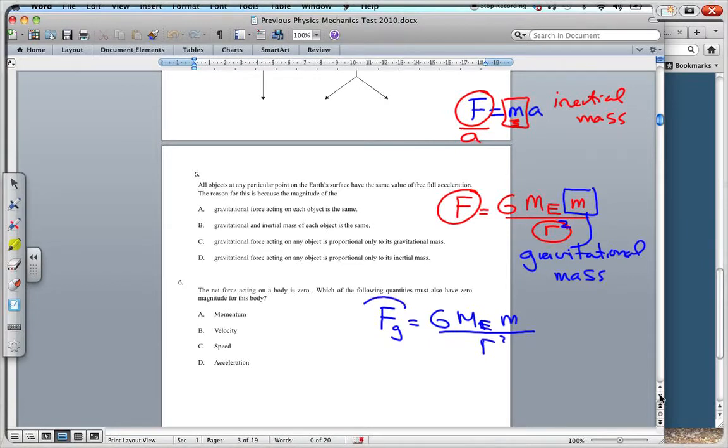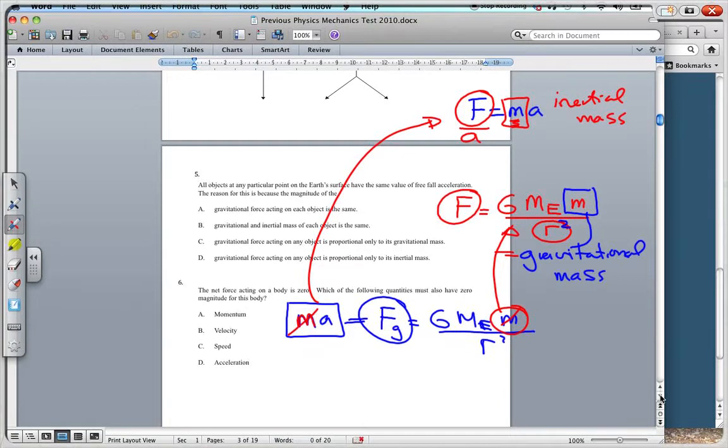Now this force over here is actually equal to ma by Newton's second law, and this mass over here is due to the gravitational mass, and I can cancel these two out because they work out to be the same, and therefore the acceleration is equal to big G Me over r squared.